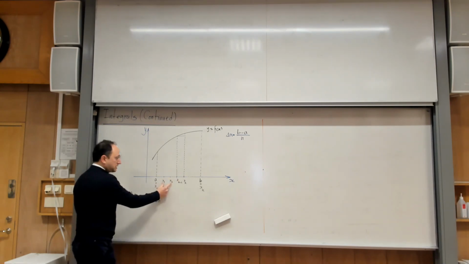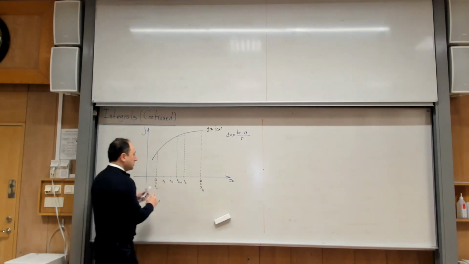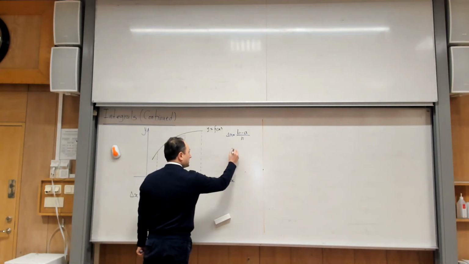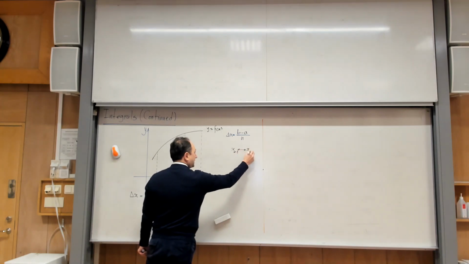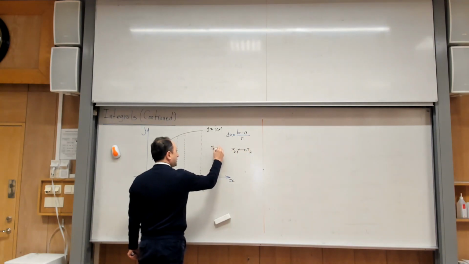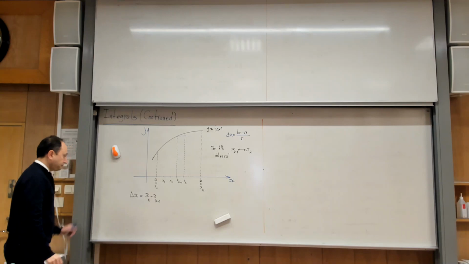Interval number 2 starts with x1, ends with x2. When I say which interval this is, it is not the first interval, this is the second interval. Do you agree? So if I ask you what is the kth interval, the kth interval is from x sub k minus 1 to x sub k. Is that understandable? Okay.